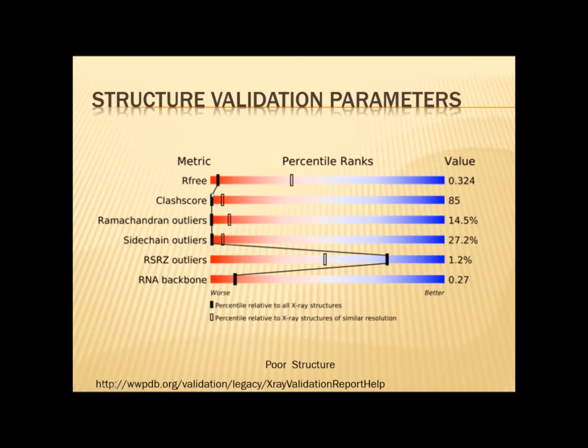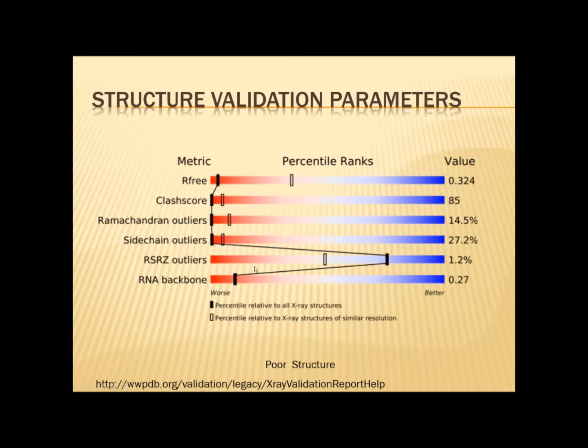So in this case, you would say that most X-ray structures are better than this based on these criteria, these parameters, these metrics, right? And percentile relative to X-ray structures of similar resolution. Okay, so that is important. So this is a poor structure. Notice that this one thing, percentile of this outlier, and we'll see what that is, is directly in the blue zone.